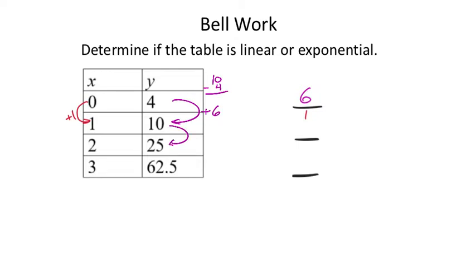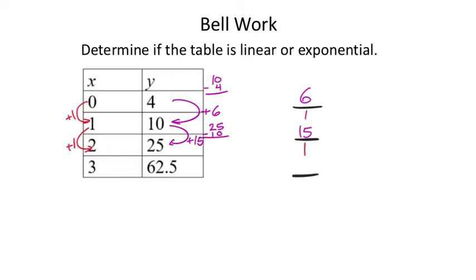So right here from 10 to 25, again, I would find that by doing 25 minus 10. And that tells us it went up 15. So that's my numerator. And then my denominator, the change in x from 1 to 2, goes to the right 1. So that is a 15-to-1 ratio. And you could put that in the calculator, but anything divided by 1 is itself.